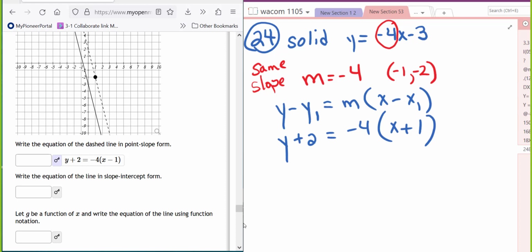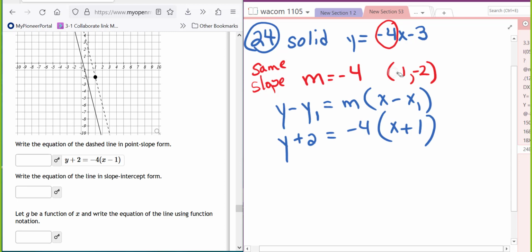So y plus 2 equals -4. What did I copy wrong? Oh, I got the coordinates of that point wrong. Sorry. That's on the positive side. +1, -2. All right, so you have to backtrack.